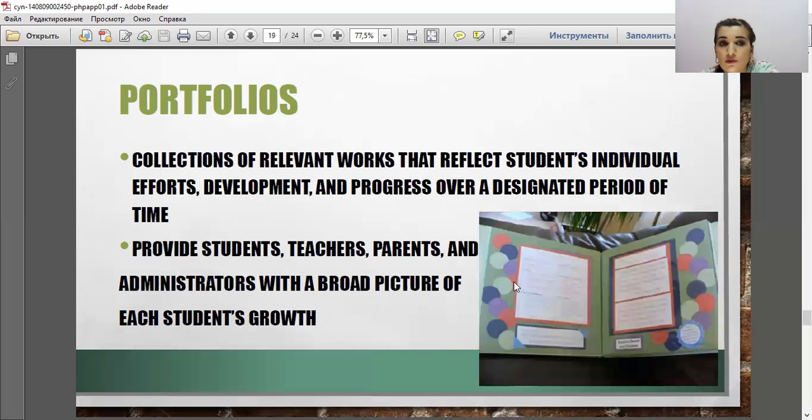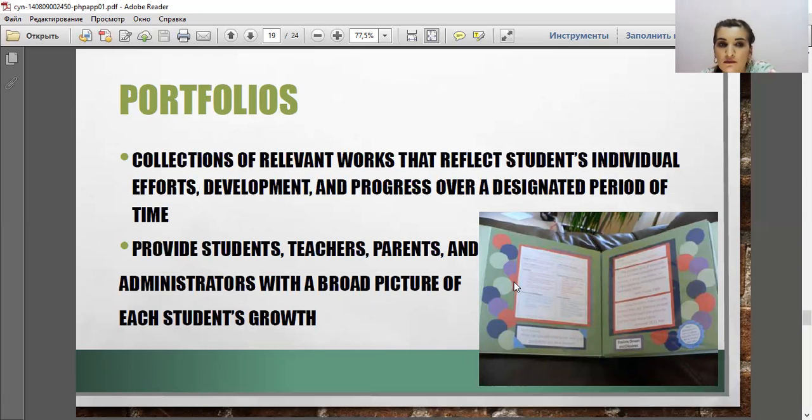So portfolios are collections of relevant works that reflect students' individual efforts, development, and progress over a designated period of time. It could be project works, independent works, and they all will be gathered in one file, for example.